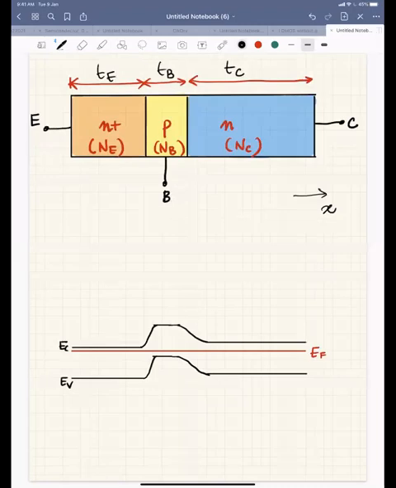But if you could not, please practice it again and again, because if you're doing a course on devices and you cannot plot an energy band diagram, then it's not good.